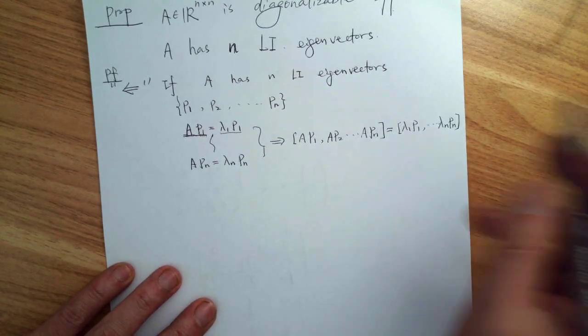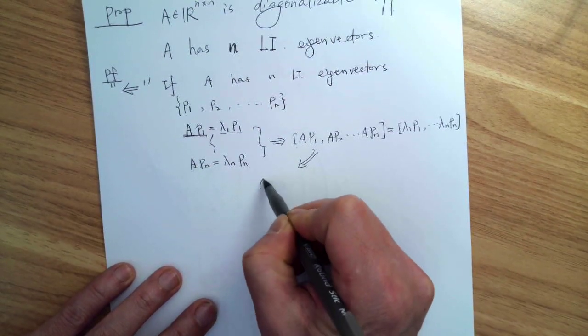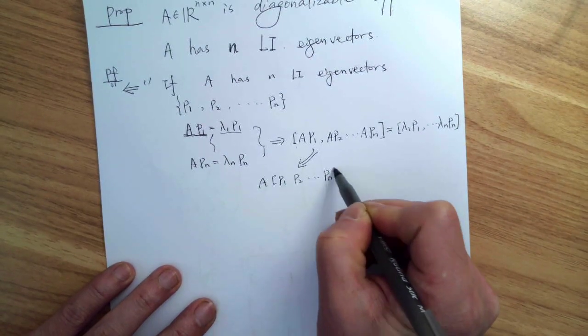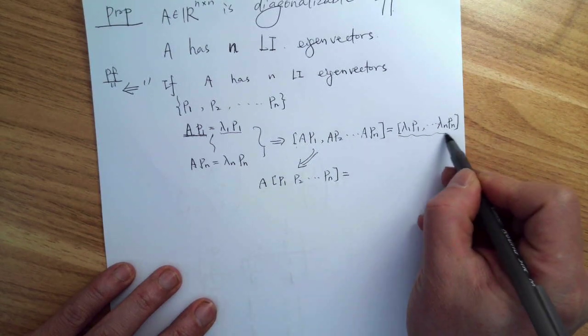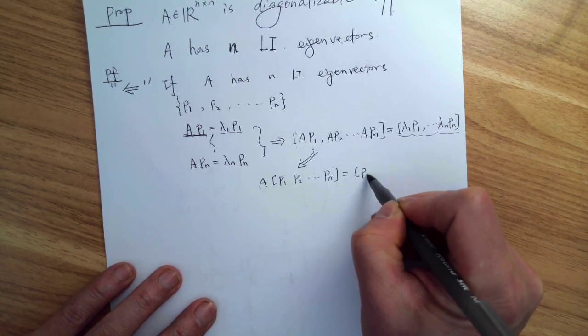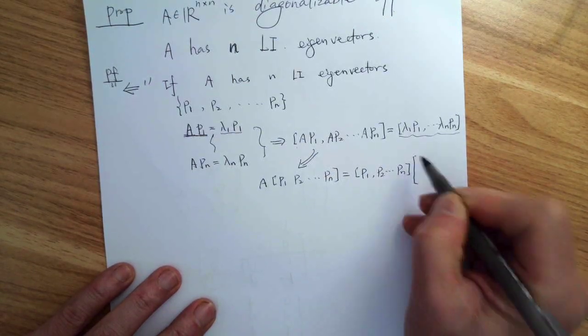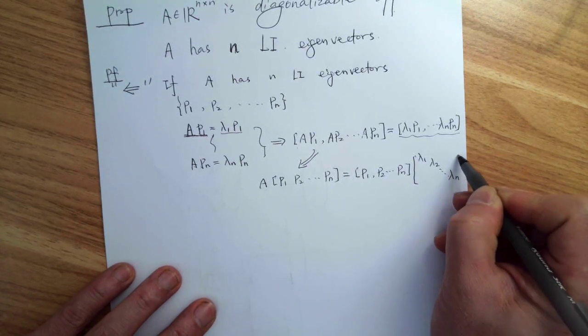All right. Now from the left hand side, we can take out A and have p1, p2, up to pn. From the right hand side, we can rearrange that as p1, p2, up to pn, multiplied by the diagonal matrix of lambda 1, lambda 2, up to lambda n.